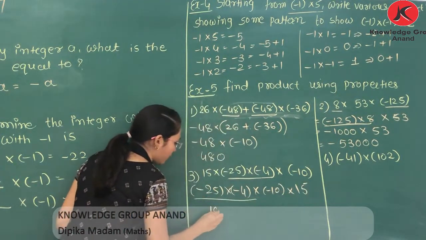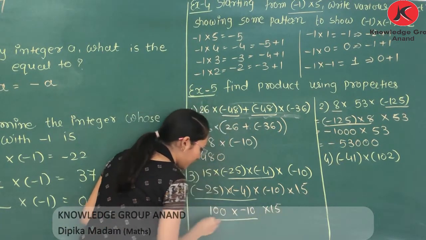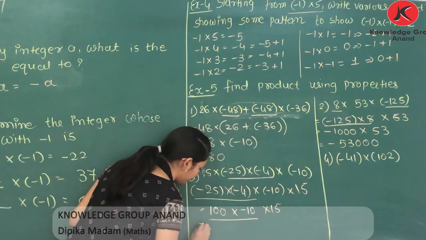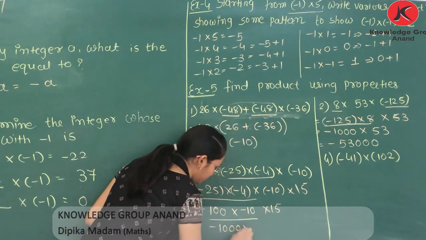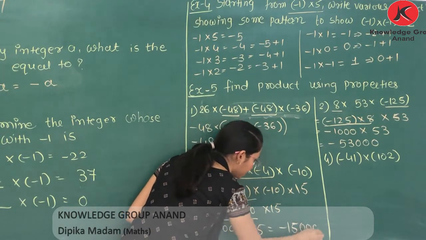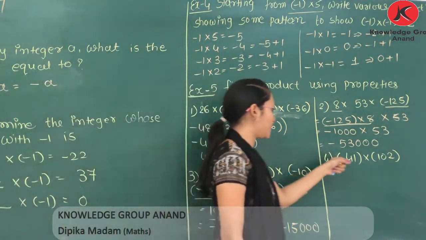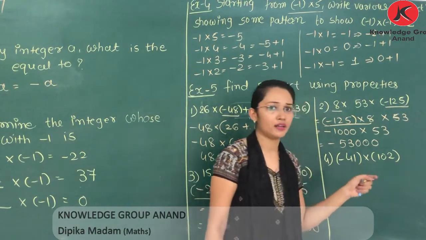So this will give 100 -10 into 15. Now again this is -1000 into 15, so -15,000. Clear?